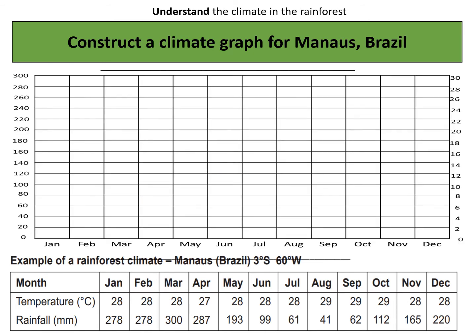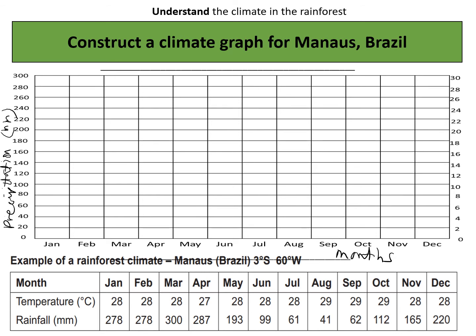Okay, so if we were doing this, we'd need to make sure we had a title. So each bar chart should have a title. So at the bottom, we'd have months. On the left, we would have precipitation, and that's in millimetres.